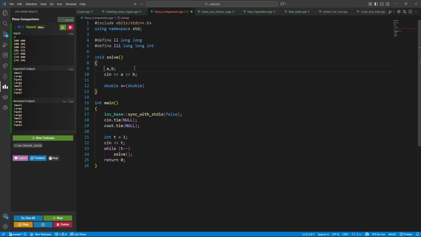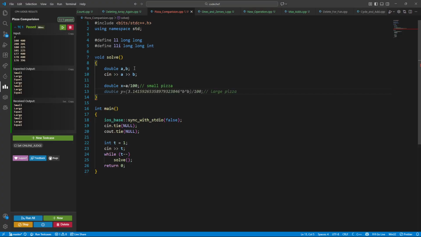So x is going to be a by 100, because its area is 100. This is for the small pizza. Now y is going to be b by 225. This is for the large pizza.